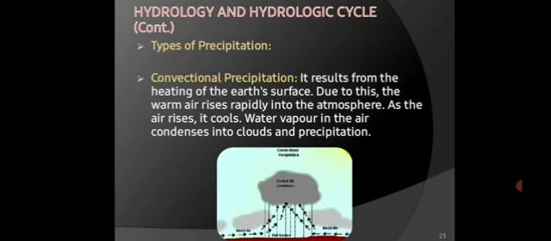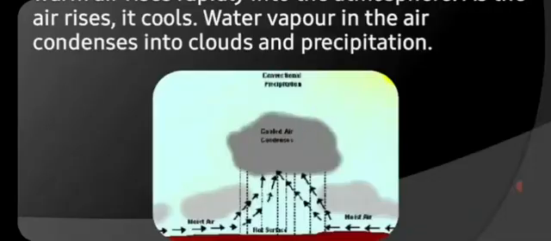What happens in convectional precipitation? It is heating of Earth's surface. See this figure. Due to high temperature, the Earth's surface gets heated. So the hot air lifts up, right? And that hot air lifted up into the atmosphere gets cooled down over there.